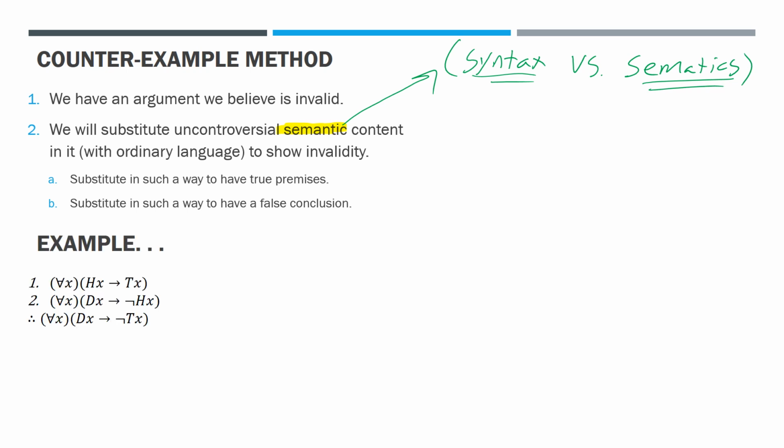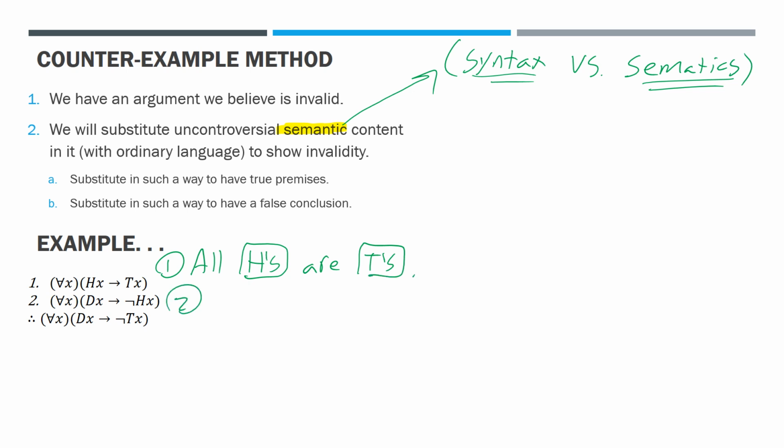Now here's an example. It's in predicate logic. We have two premises and a conclusion. The first thing we're going to do is to translate this, so to speak, into a more ordinary language form. So for premise 1, we have: for all x, if x is an H, then x is a T. This is the same thing as: all H's are T's.